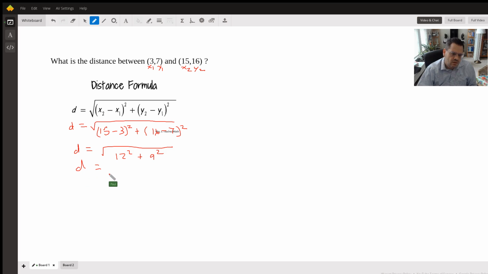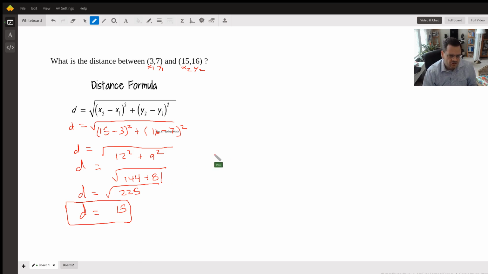Then multiply those out, you get 144 plus 81. Add those together, you get 225. And the square root of 225 is 15. So that is the distance formula, and that's the answer to the question.